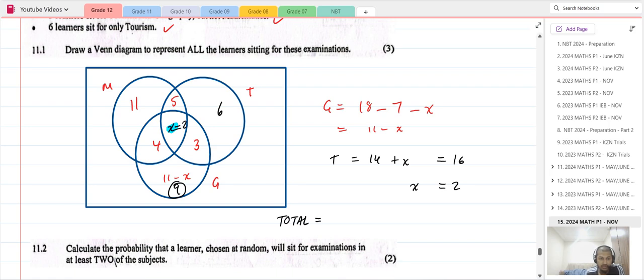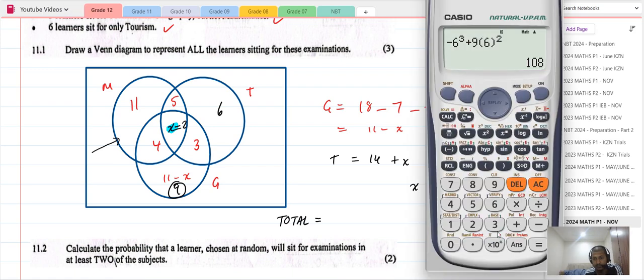Total was 22 in this circle. Mathematics was 22 plus this whole thing summed up. 6 and 3 is 9 plus 9.